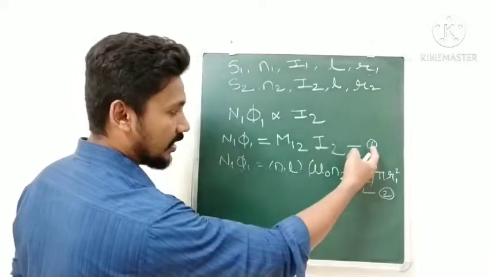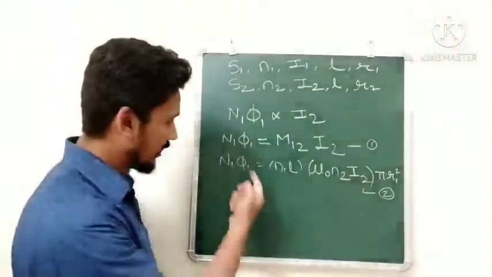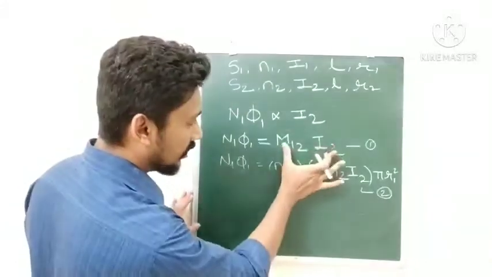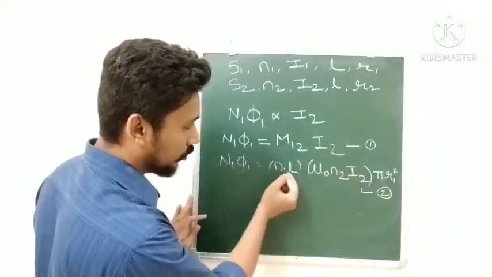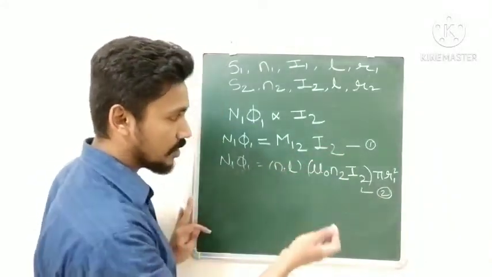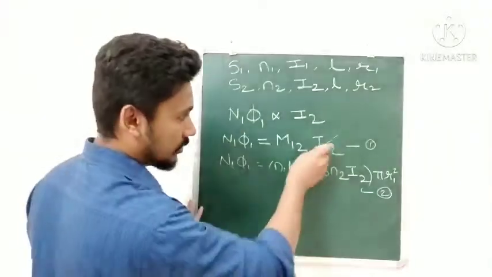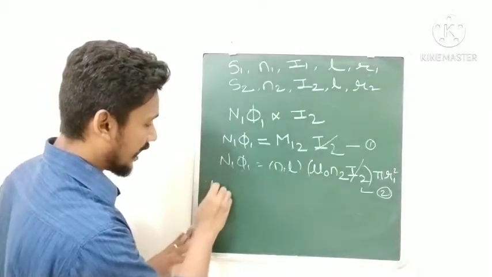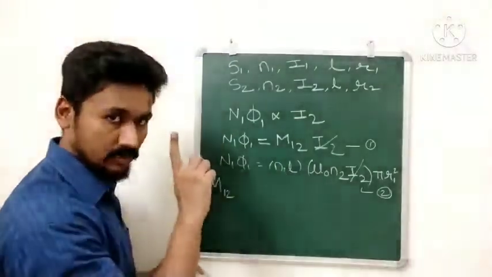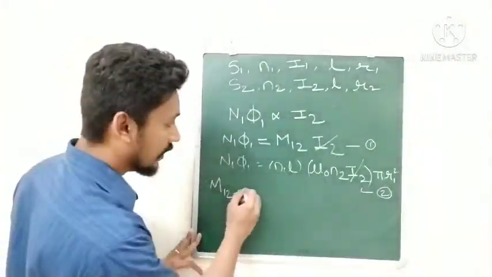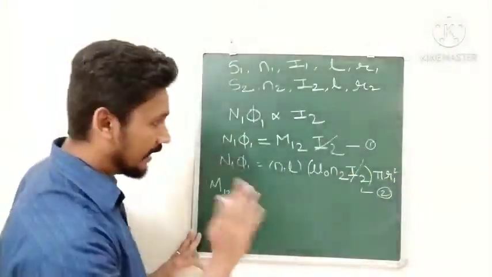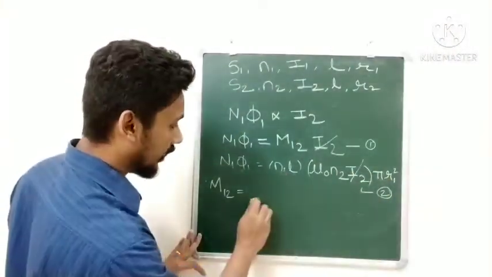Now comparing equation 1 and equation 2, you can see LHS are the same, therefore RHS must be same. So this term M12 I2 equal to this entire term. What can you cancel? I2 you can cancel. So I2 gets cancelled, and therefore we can write, therefore M12, mutual inductance of coil 1 with respect to coil 2, is equal to, this is the same equation, I am just going to rearrange it so that it is easier to read.